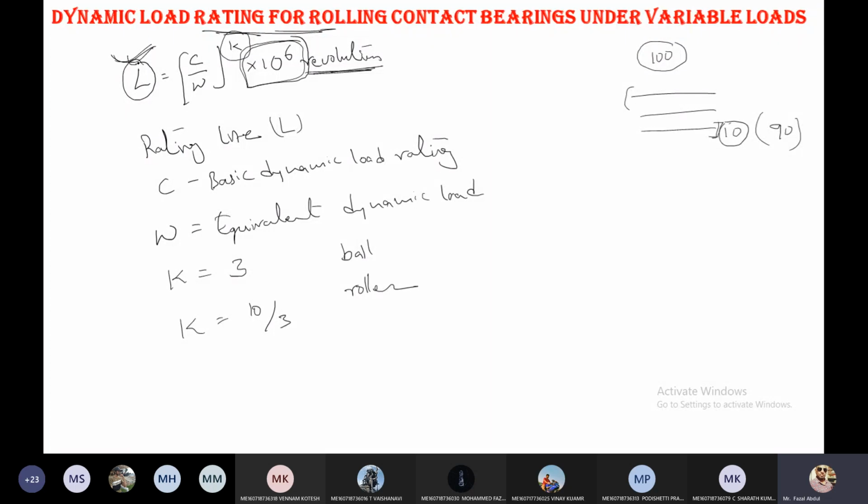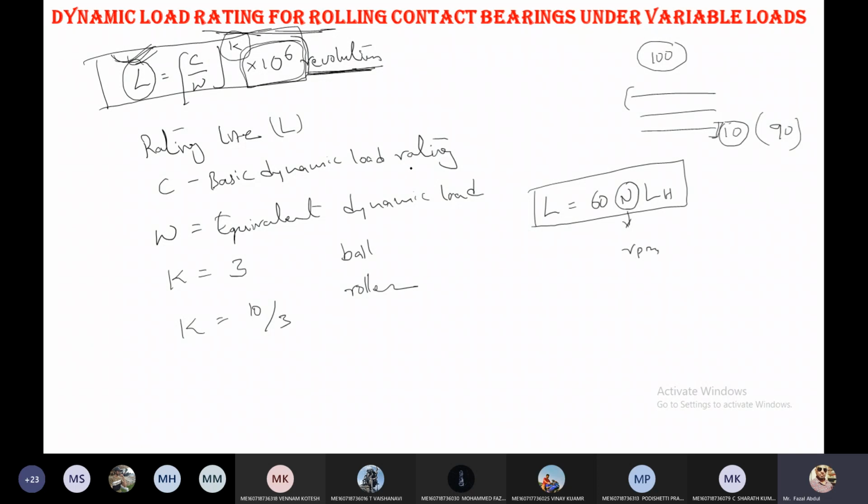This L value is given in millions of revolutions, but to express the life of bearing in hours, the relation is L equals 60 into speed into LH. This is the relation between hours and number of revolutions, where n is the RPM. The equations I am writing here are going to be used in solving the problems, Babu.